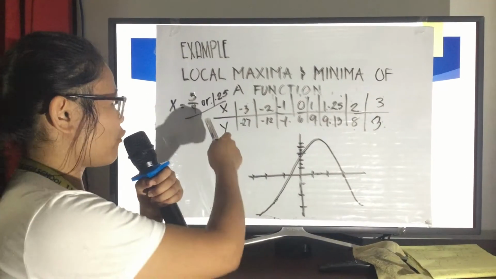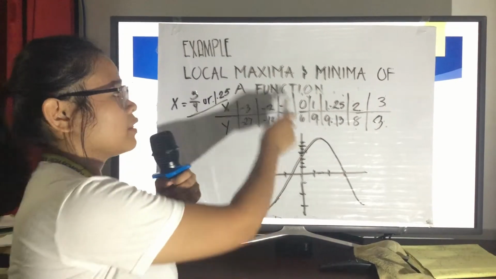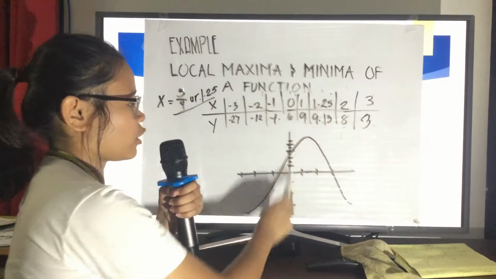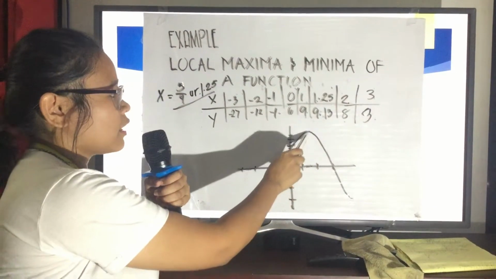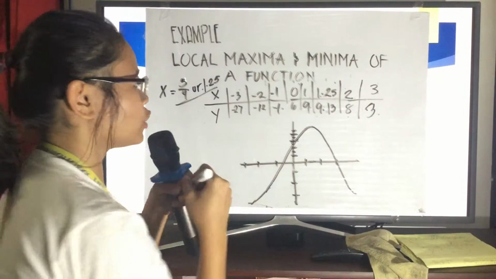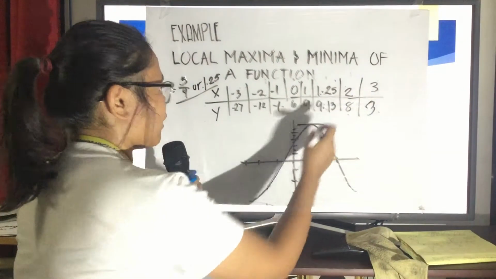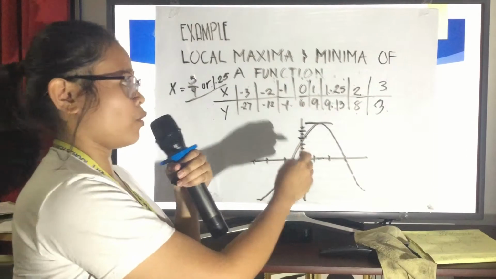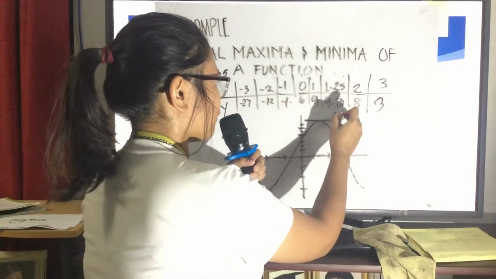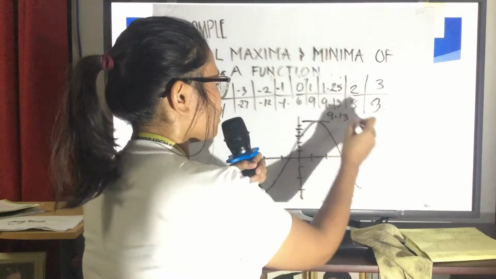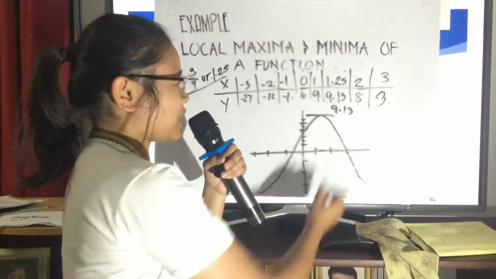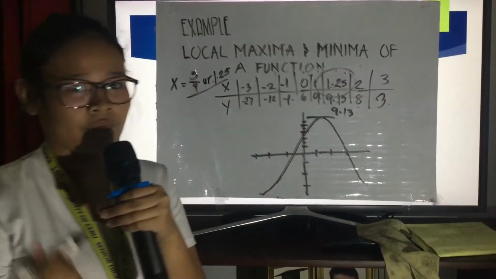We have our root, 5 over 4 or 1.25. This is our table of values and this is our graph. At this point, we will draw a tangent and this is our local maximum, which is 9.13. So our local maximum is at 1.25.